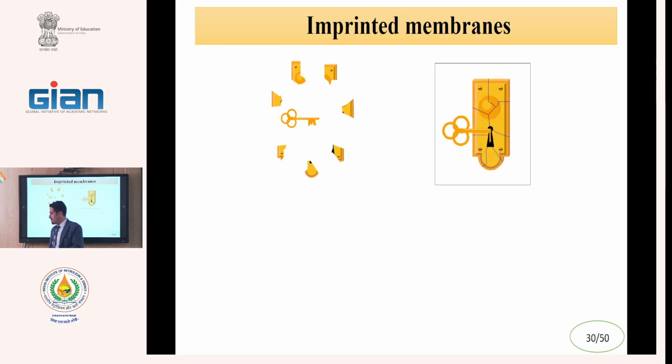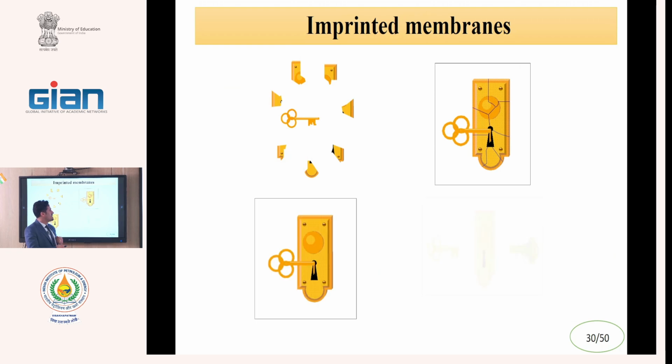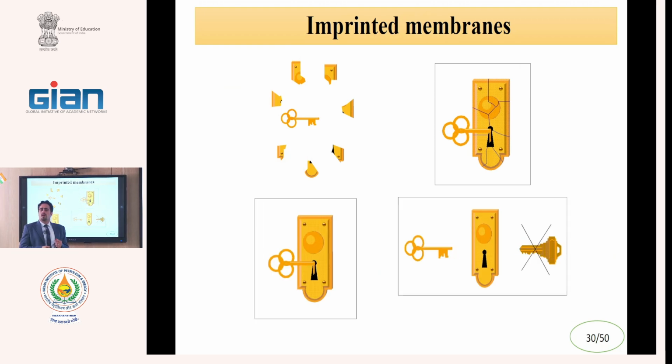A relatively new membrane process is imprinted membranes. Imprinted membranes are shown in this slide. From the first time, we want to prepare a membrane for separation of specific ions or specific molecules.